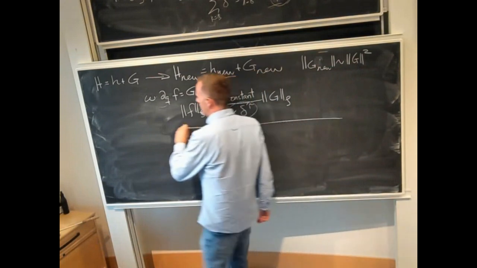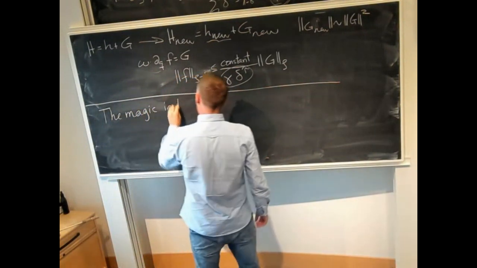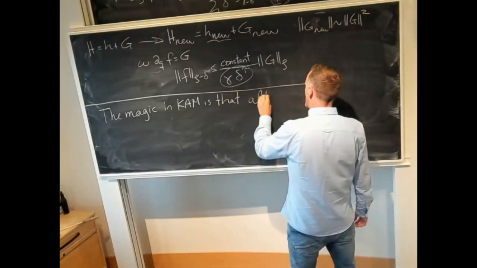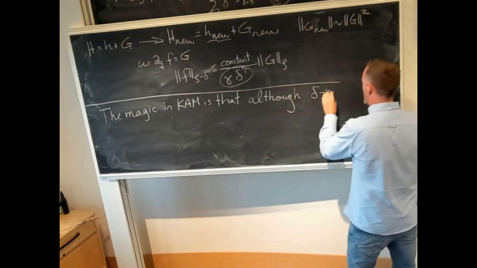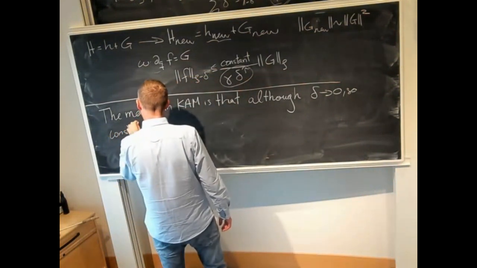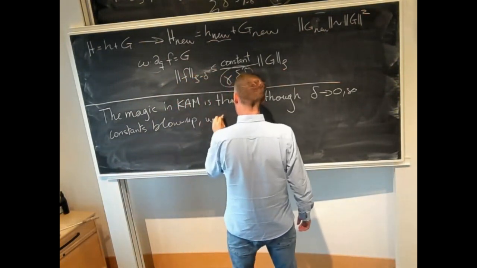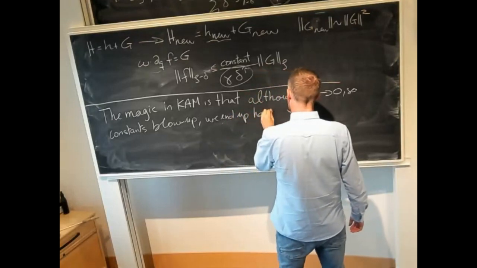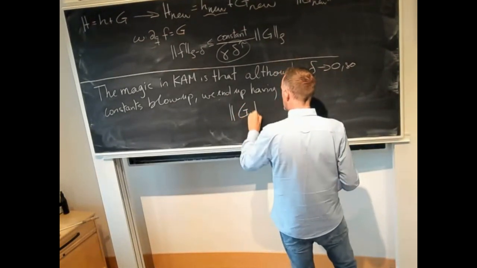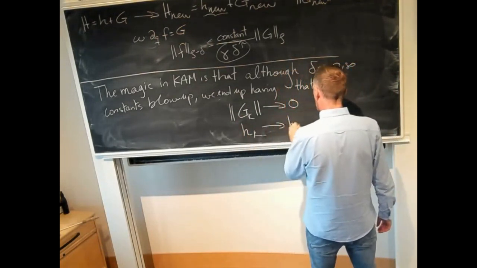The beauty, the magic in KAM, is that although delta goes to 0, so the constant blows up, we end up having that the norms of the G_k go to 0, and H_k converges to H infinity, that is integrable.